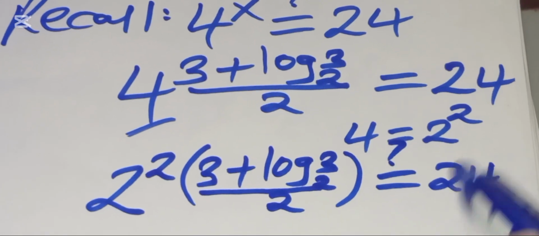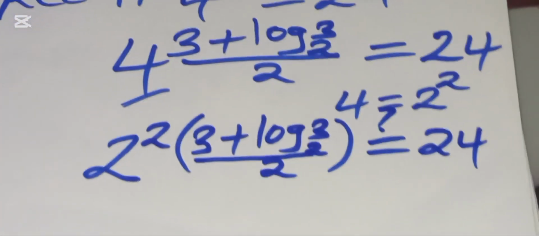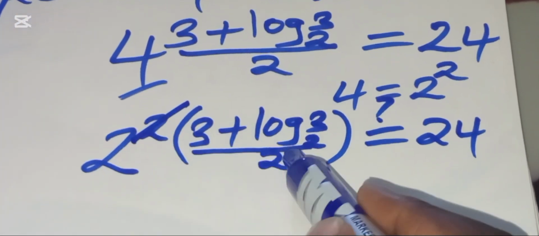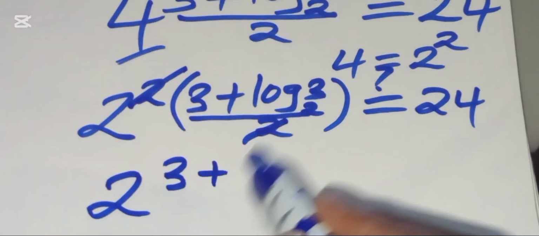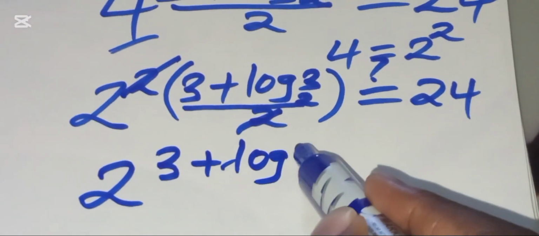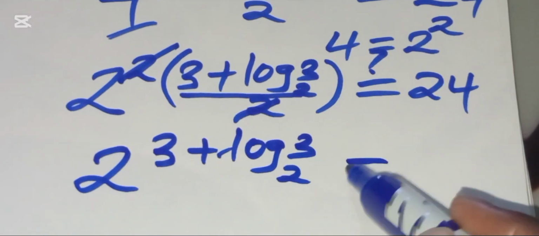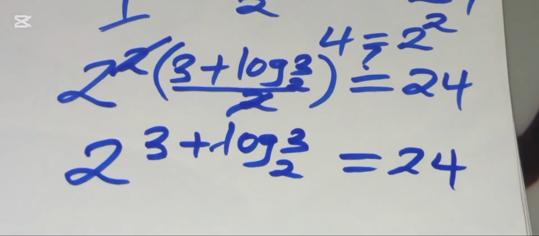So let's check if it's 24. We simplify here, the 2 and 2 cancel, so that we have 2 raised to power 3 plus log 3 to base 2. This should give us a value of 24.